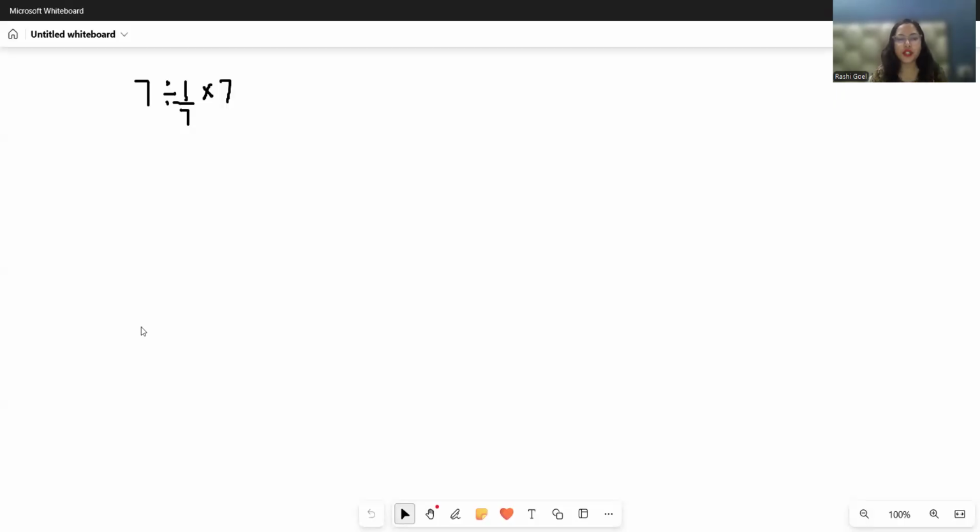So in this expression, we are given 7 divided by 1 by 7 times 7. So what do people do? They cancel out the 7 with 7 and get 7 divided by 1 as 7. It's wrong. We learned the right approach. 7 divided by 1 by 7 times 7.